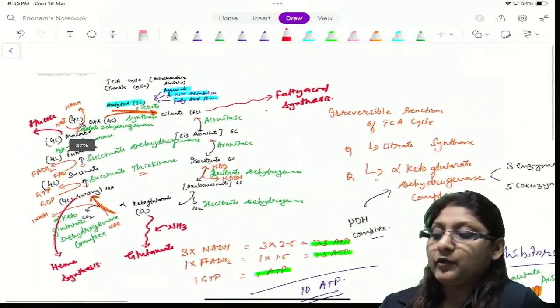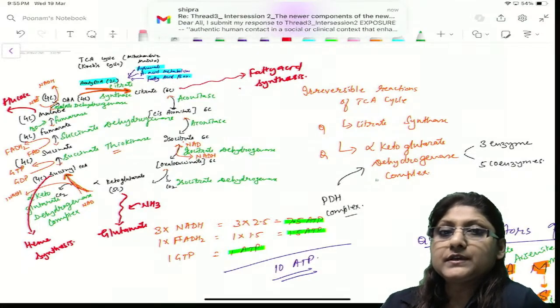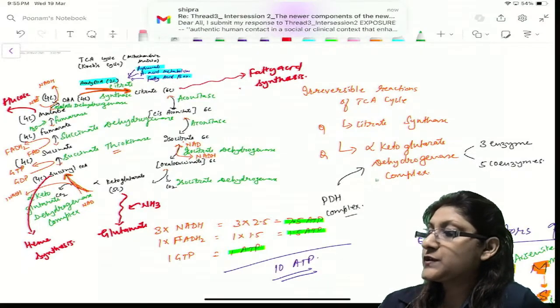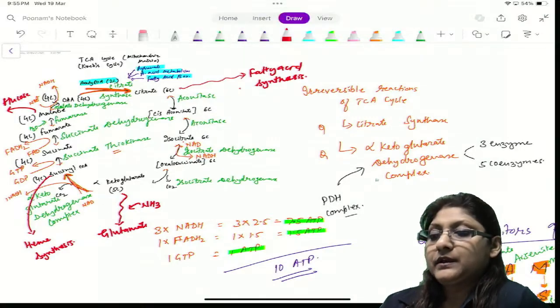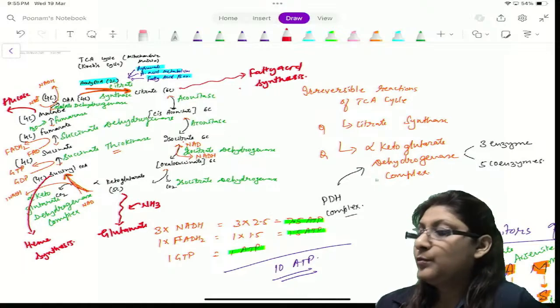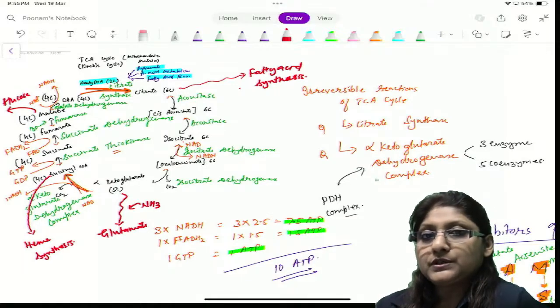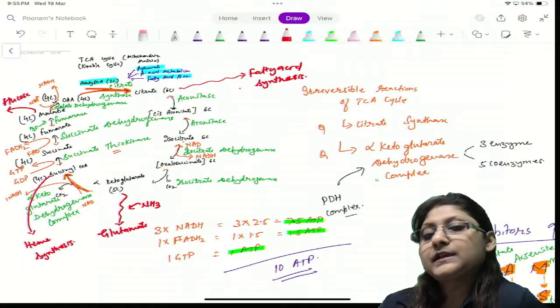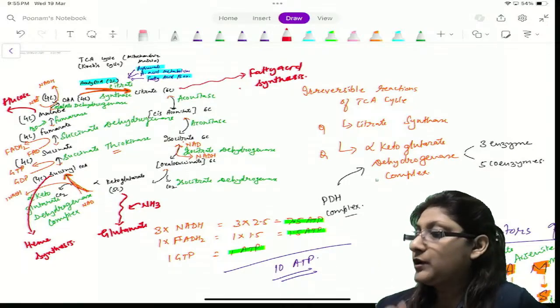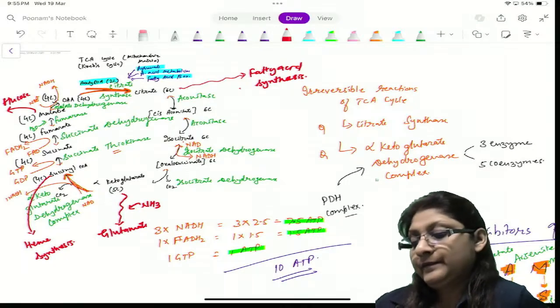So this is all I wanted to talk to you regarding the TCA cycle, where a number of reactions are there, and we have to understand that TCA cycle intermediates are very mobile intermediates. They come into the TCA cycle, they go away from the TCA cycle. You have sets of anaplerotic and cataplerotic reactions.